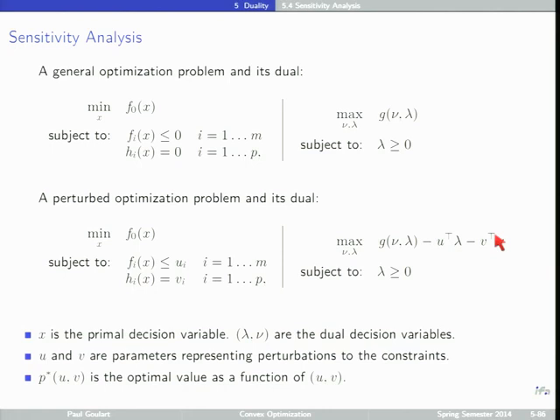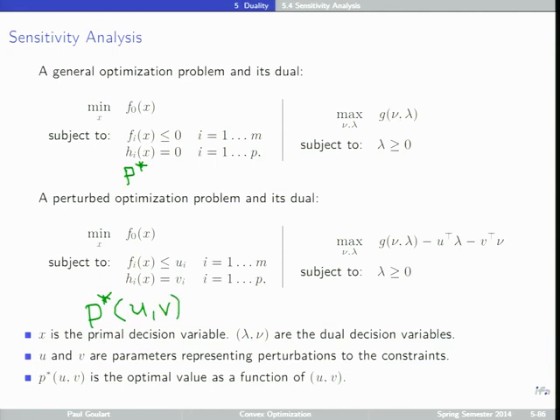Okay, and so I said that my primal optimal solution, this guy, has value p star. Okay? I'm going to take the value of the perturbed problem to be p star, but now it's in a sense parametric. It's p star of u and v.